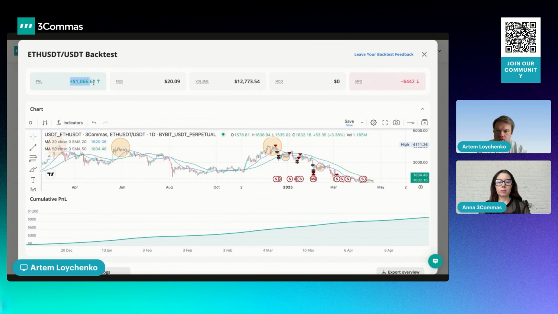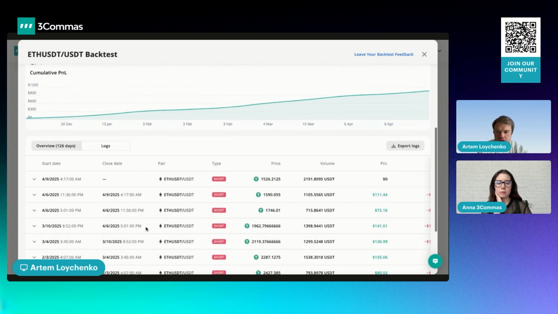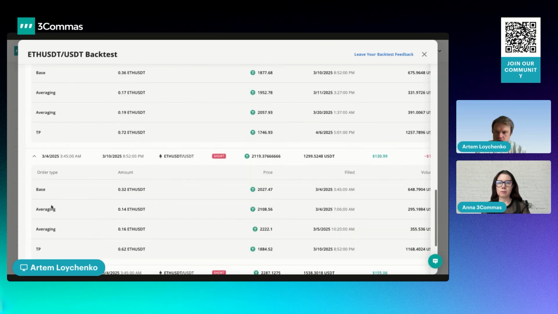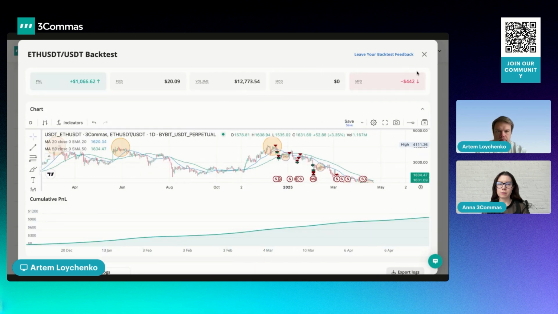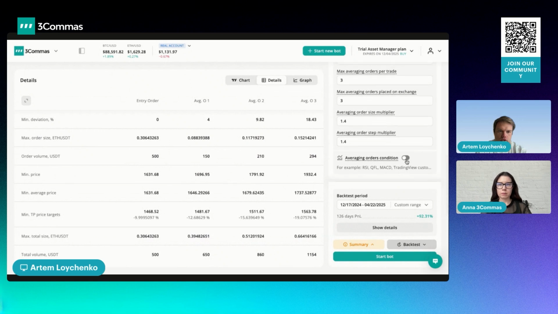We have these results with maximum floating drawdown, sorry, which is twice as low as the P&L, which is actually pretty good considering the ratio. Pretty small fees. And what's interesting for me here is how we actually collected the position. You can see that with this setup we have at least two averaging orders, which I'm pretty fine with. Let's see what it would be if we use an averaging condition.